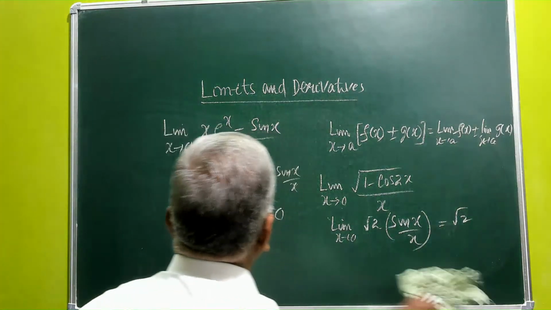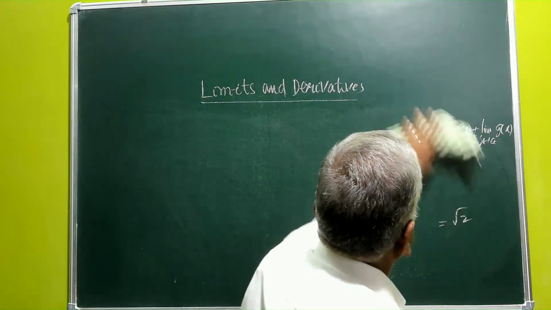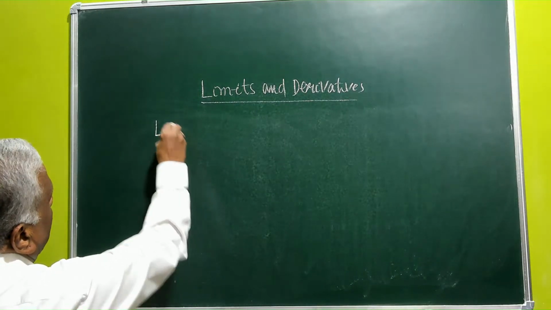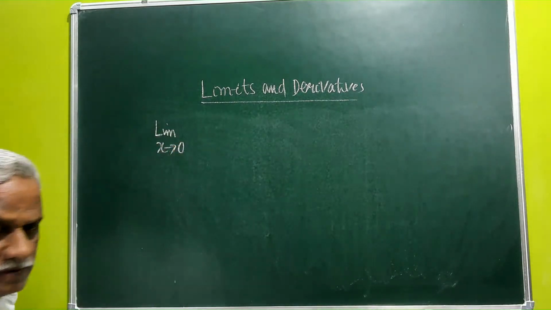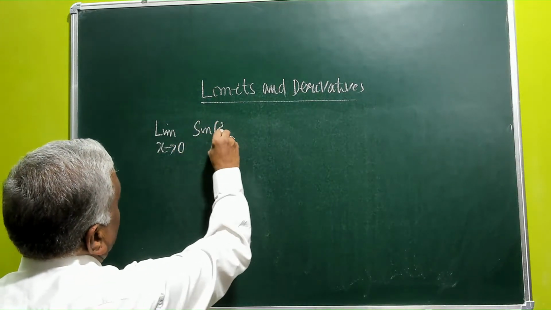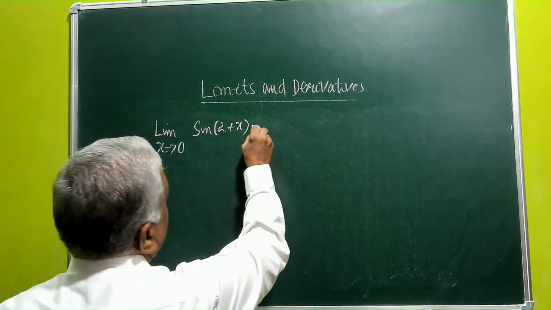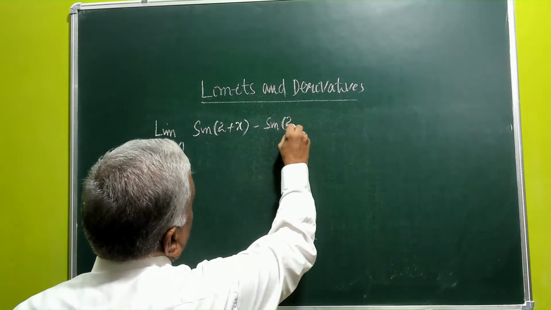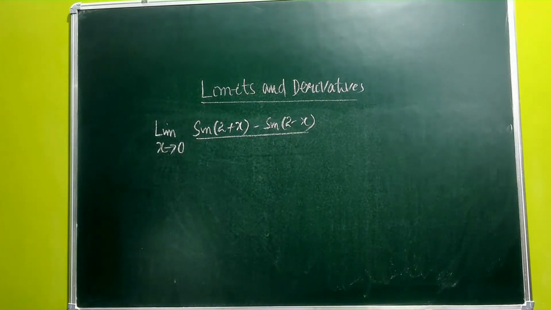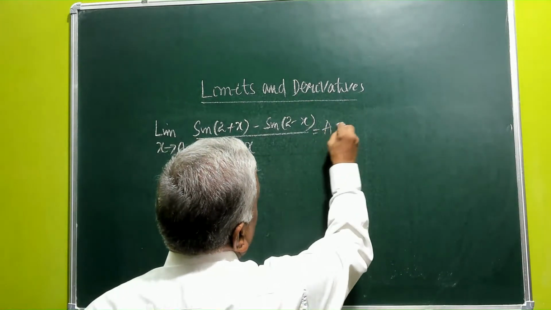Limit x tends to 0, sin of (2 plus x) minus sin of (2 minus x) by x is equal to a cos b.